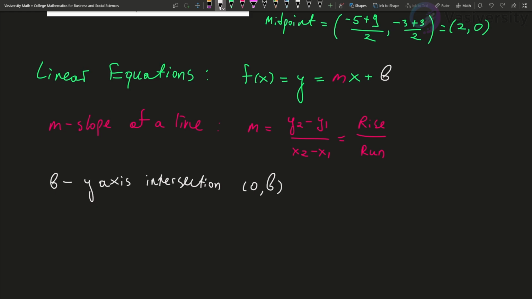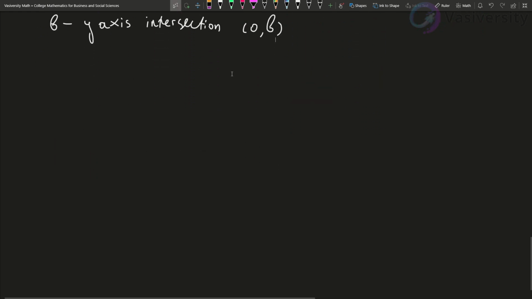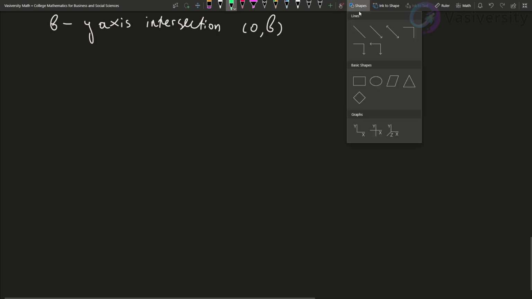So let's say we will have a line, but first, let's go ahead and draw some points. Let's say we have 2 points.